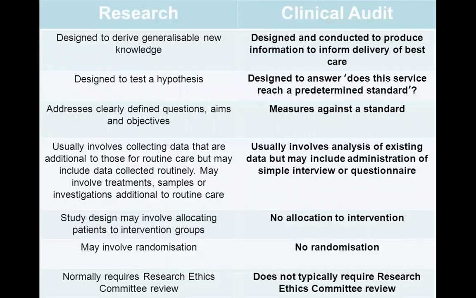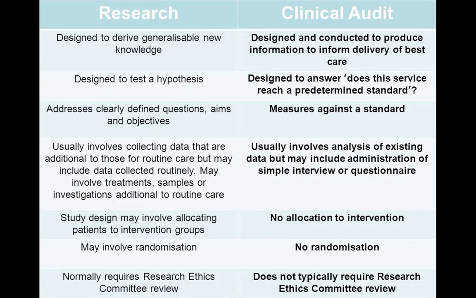Before I move on to the audit which I did, I'd like to start by explaining the difference between a research versus a clinical audit. In research, we're looking at gathering new data or new evidence in an area of interest, whereas in a clinical audit, the standards or guidelines based on the current best evidence are already there, and we are trying to look at how our practice compares against these standards or guidelines.